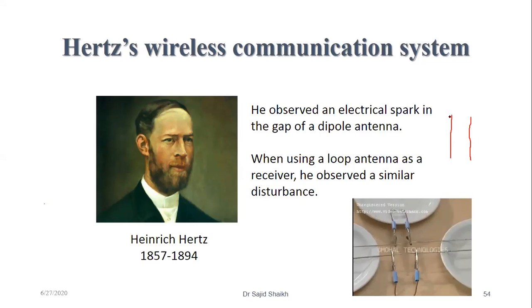Here we have the two wires, and here I applied some amount of energy, some voltage source. Suppose this is positive and this is negative, and these two wires are open wires.